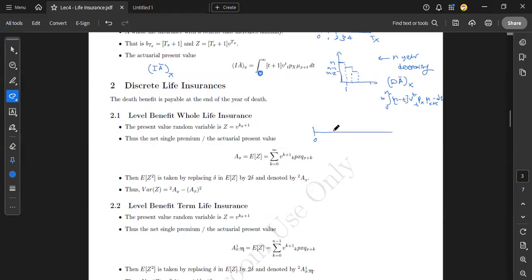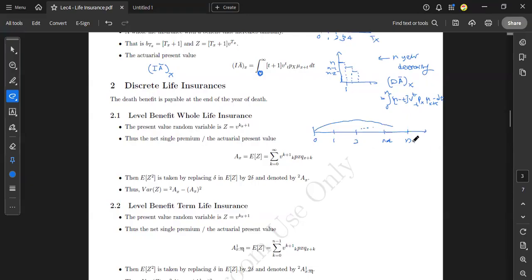If the time interval is annual, so then suppose like this. So then this person survives for n plus 1 years.